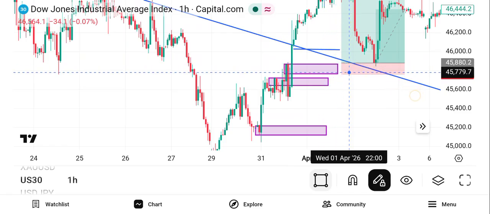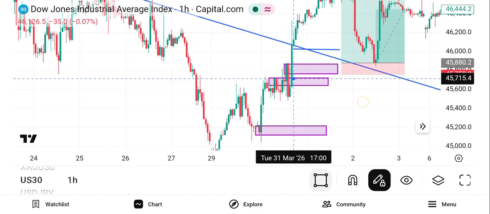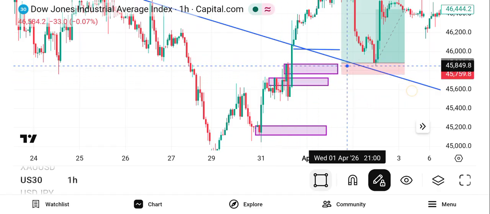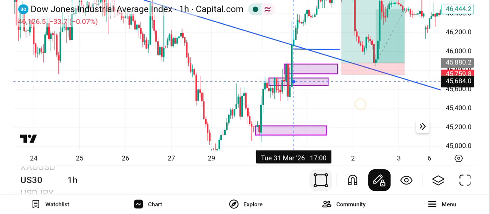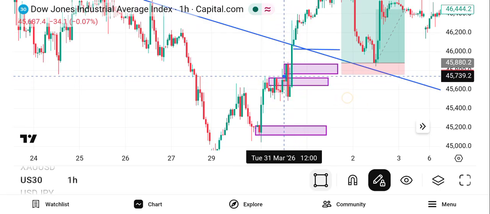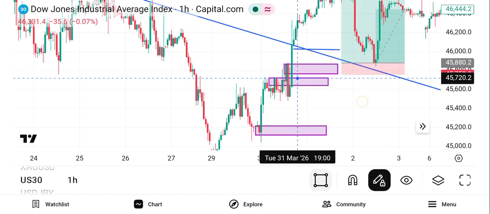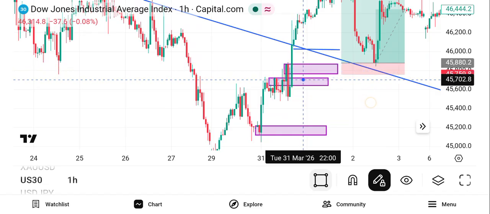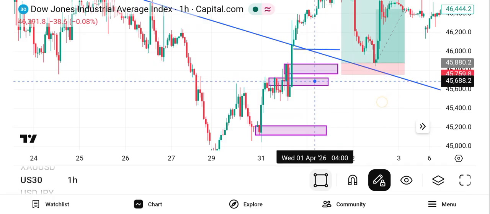And the reason why I put my stop loss here is because there is another point of interest here, which simply means, in trading you have to build your psychology. If there is another point of interest that is here, and then your point of interest that you are trading with is here, it simply means price is not supposed to get to this second point of interest. That's why I put my stop loss here.